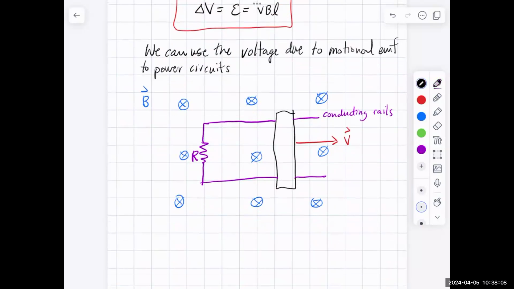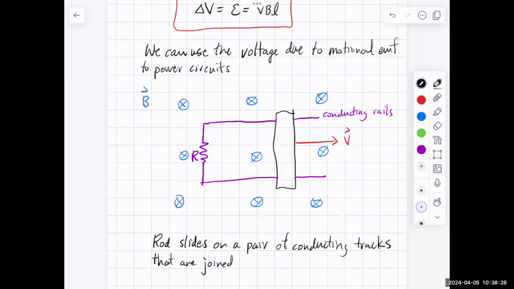Okay, so the rod slides on a pair of conducting tracks that are joined on one end by a resistor R.